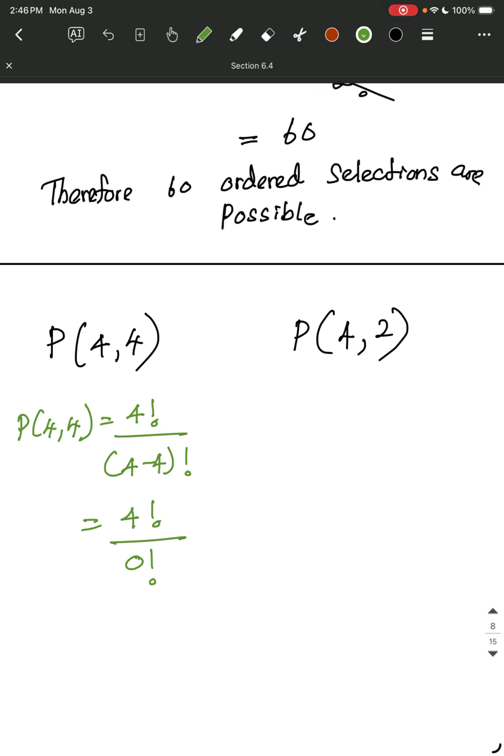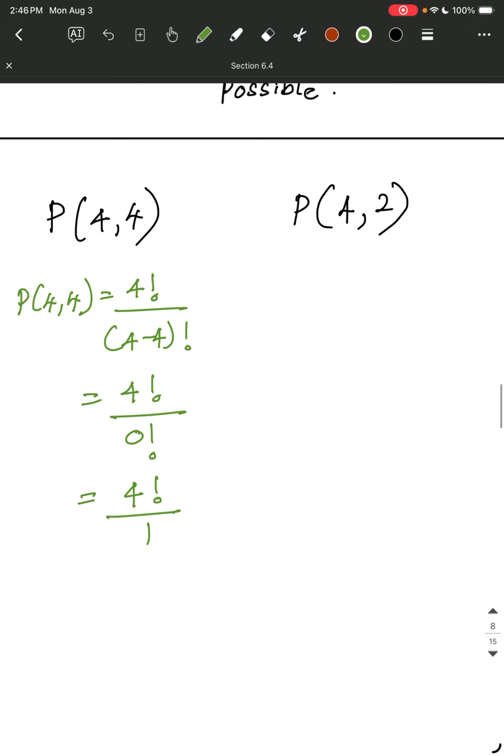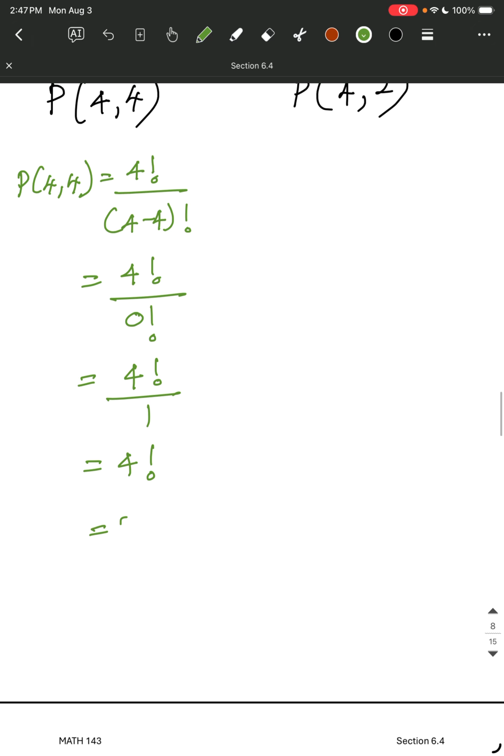We know that 0 factorial equals 1, therefore it is 4 factorial, which is 24, 4 times 3 times 2 times 1. This means all 4 objects can be arranged in 24 different orders.